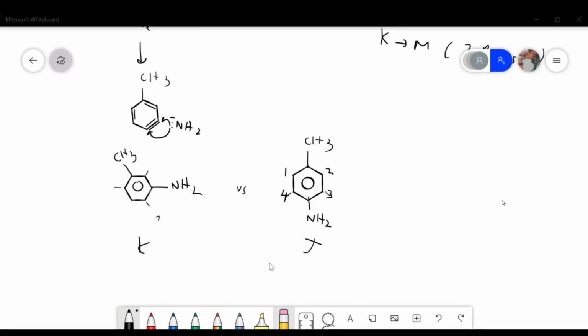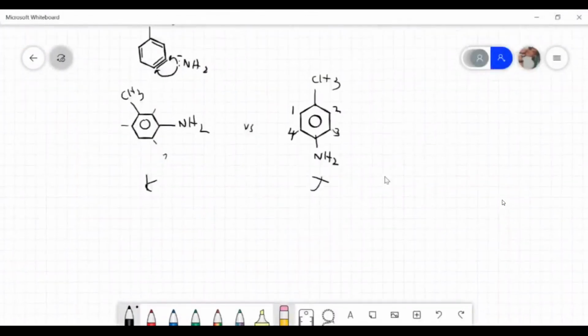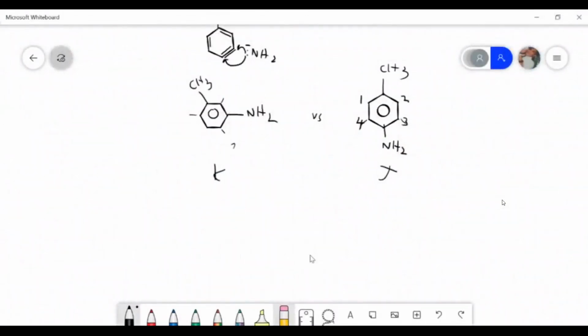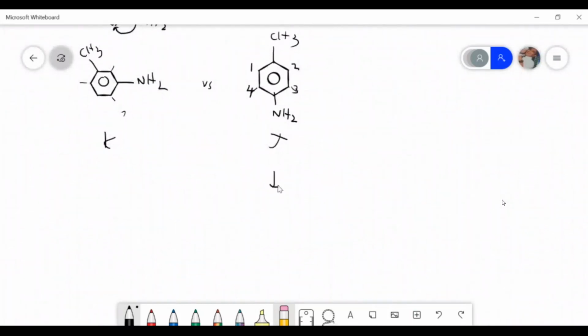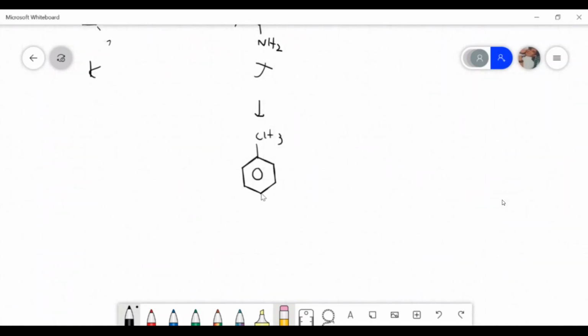Yeah, nice. So given the information, let's draw L and M. For L, we know L comes from J and it has 2 electrophilic aromatic substitution positions. Okay, I need more sleep. But anyway, NH2, our two Brs will be here.